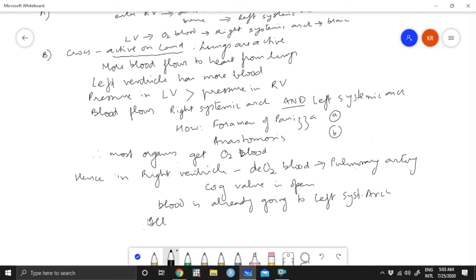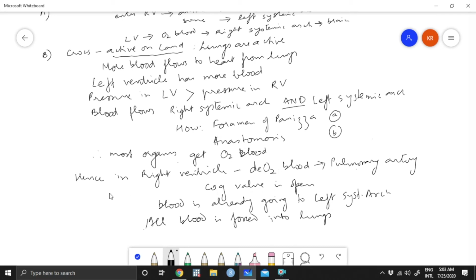All blood is forced into the lungs, and naturally the cycle continues because all the blood is forced into the lungs rather than going into the systemic arch, and from the lungs back into the heart. More and more blood will keep coming and it is getting circulated.